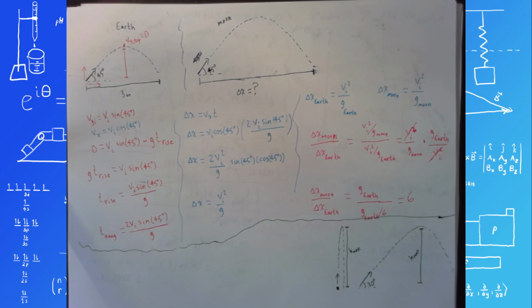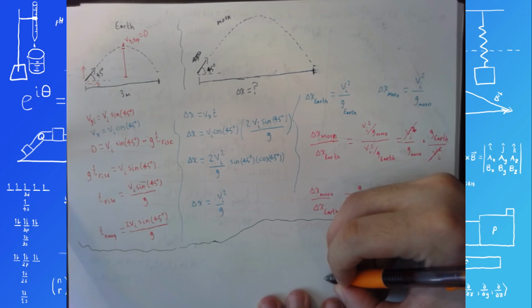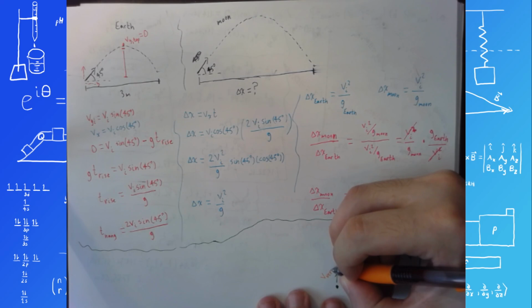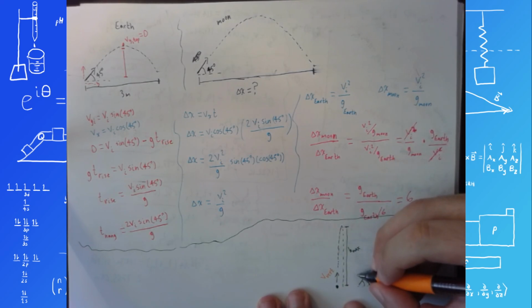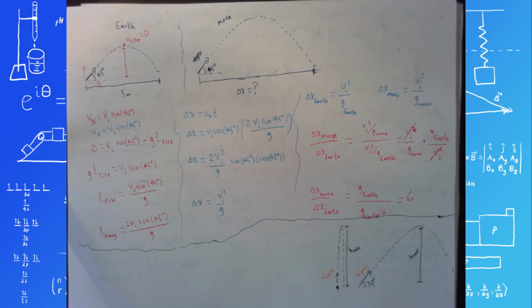So basically, this object is thrown with, I'm going to call it v vert for vertical. And then this velocity is going to be v proj, P-R-O-J, short for projectile. So v vert versus v proj. How should they compare in order to achieve the same maximum height?